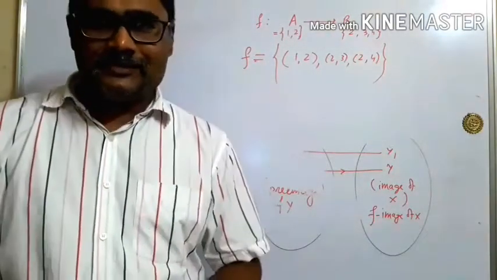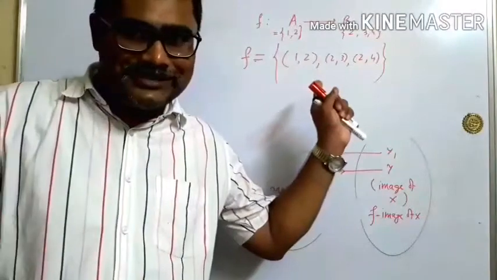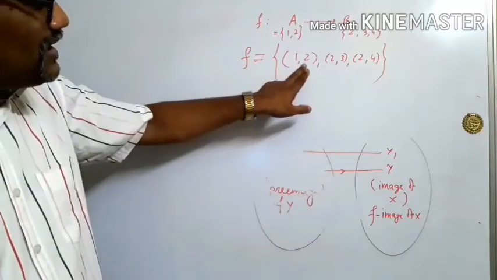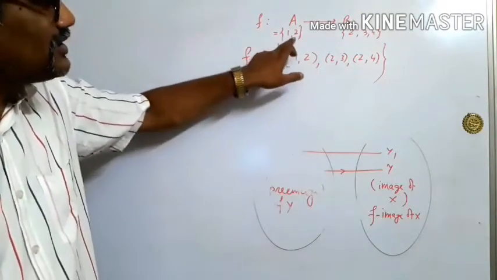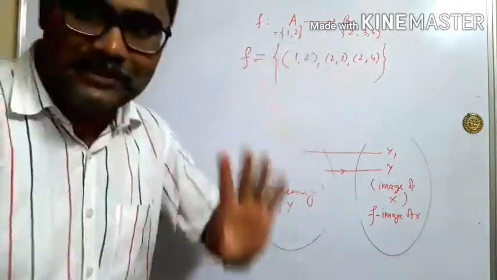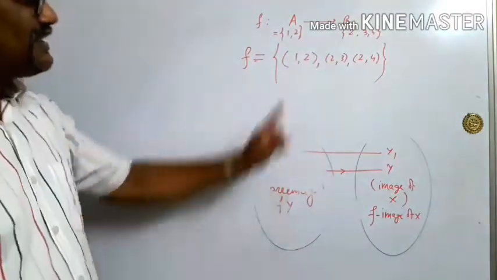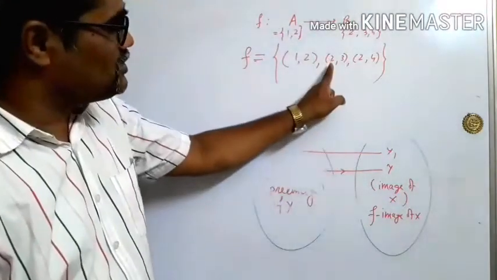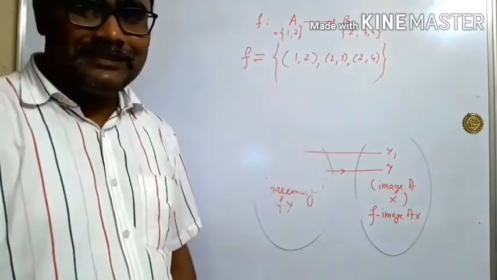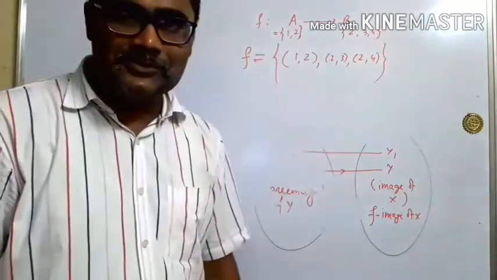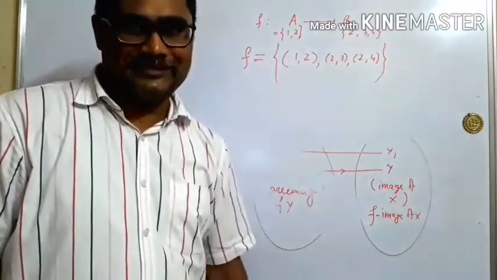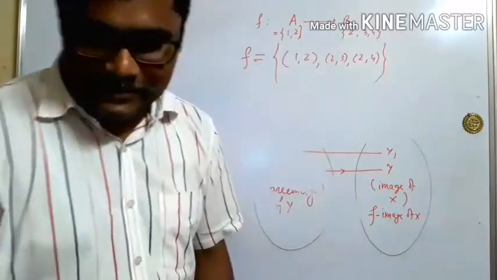No rules, nothing is given, only ordered pairs are given. Fine, that is also okay. That is also a rule. 1 has image 2. Okay, there are two elements. I have to only verify whether every element is present or not. 1, 2, every element is present. First criteria is satisfied. Second is not satisfied because you see 2 is present in two places. This says 2 has image 3. This says 2 has image 4, against the function's rule. So this relation is not a function, right?